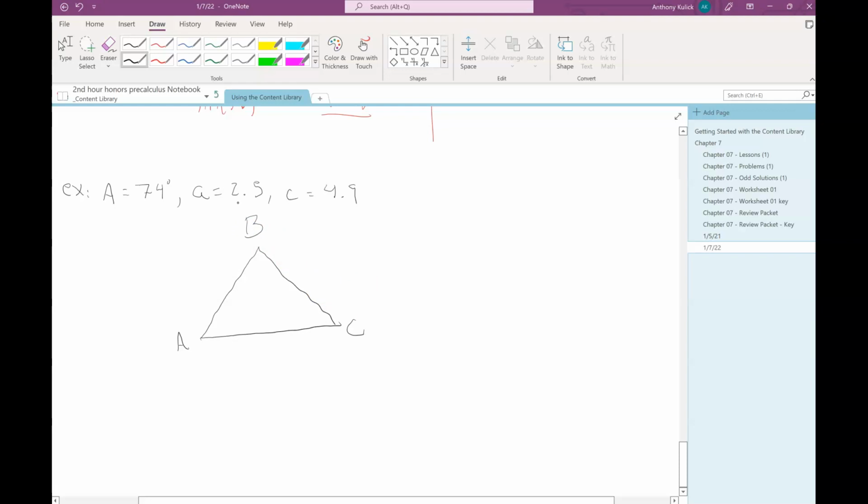I would name it B because of the alphabet. So this has to be side A, this has to be side B, this has to be side C. And I'll fill in the values that were given into my picture.